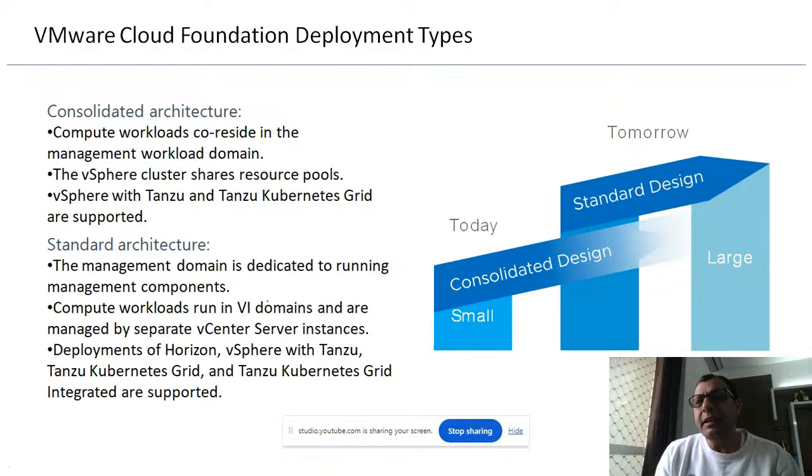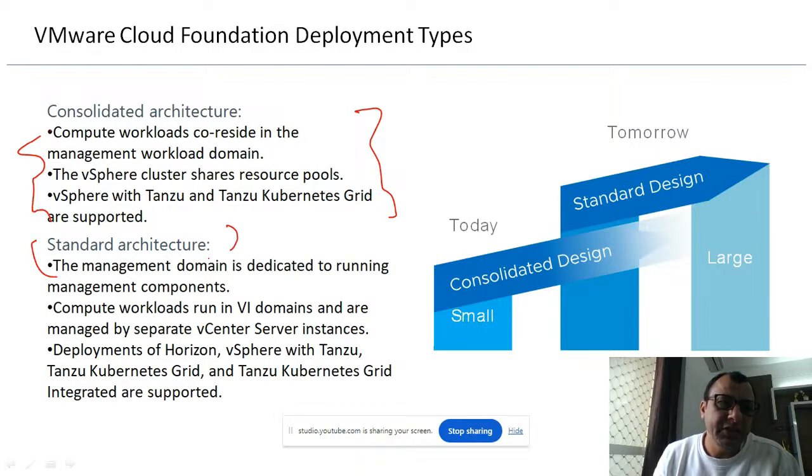As for deployment type, a deployment could be a consolidated architecture or a standard architecture. In a consolidated architecture, all my management VMs and all my customer workload VMs are running in the same cluster. In a standard architecture, the management domain is separate, running all the management components of the VCF environment, and a VI workload domain is separate, where customer VMs are running.